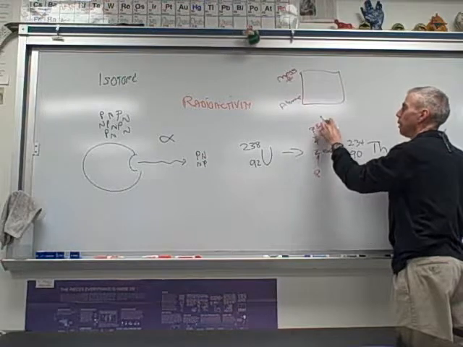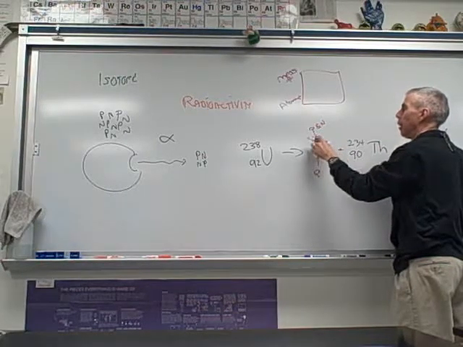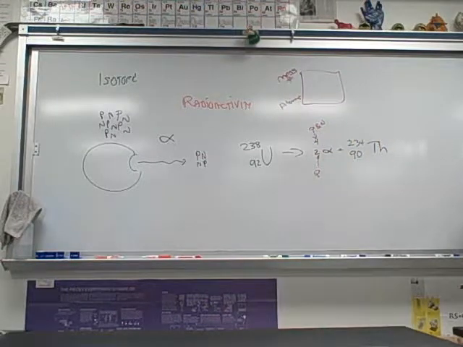So if it has 4 protons and neutrons, and 2 of them were protons, how many neutrons did it lose? 2. Okay. See it? Because 2 of them are protons and 2 of them are neutrons. That's a mass of 4. No, that's a great question. Thank you. All right. Everybody good on alpha decay?